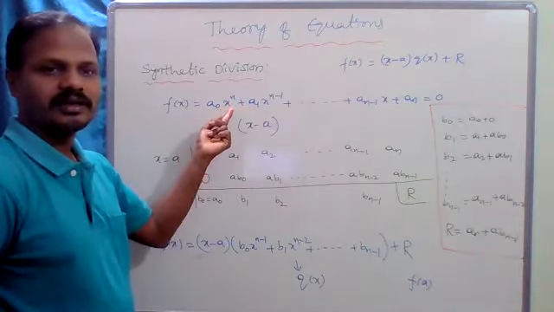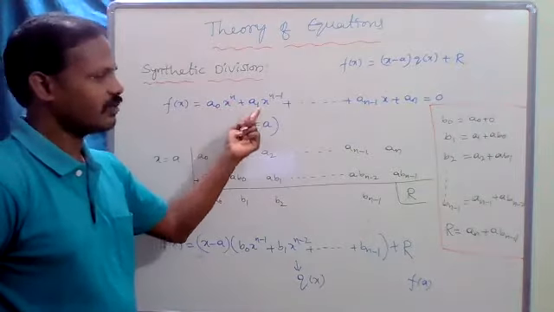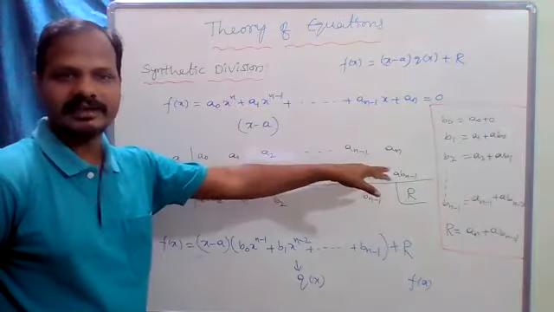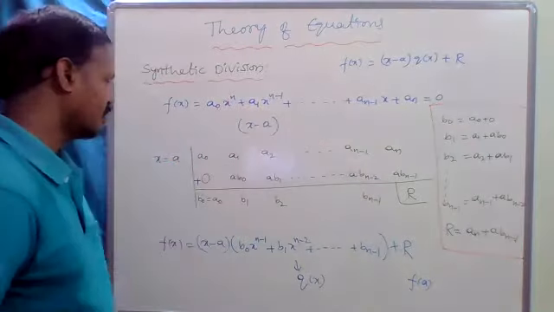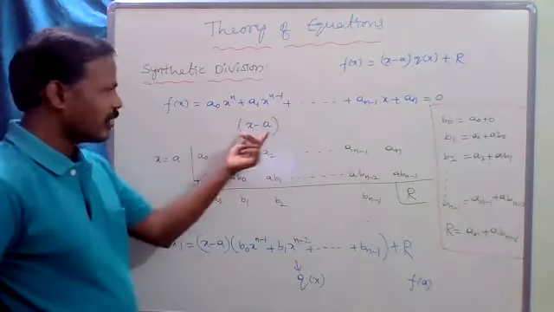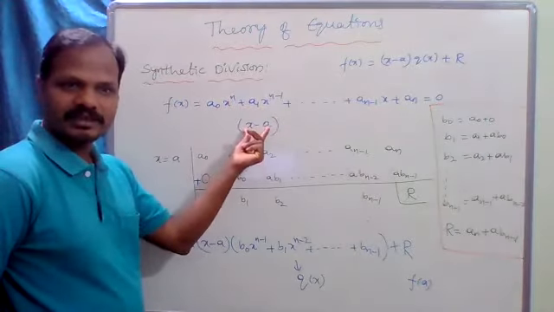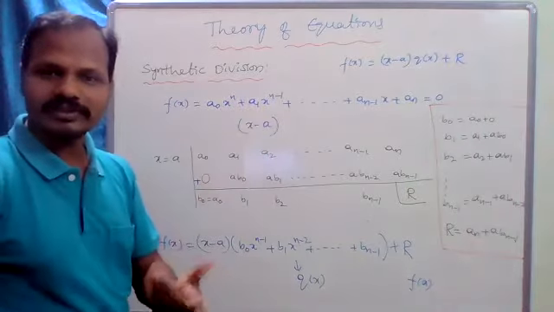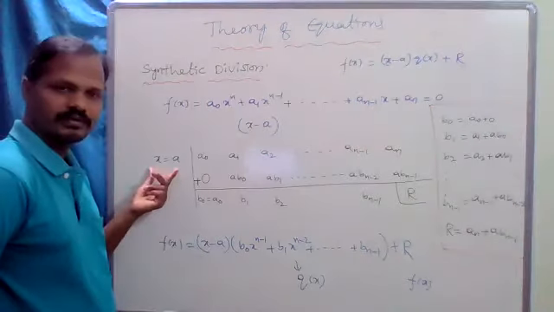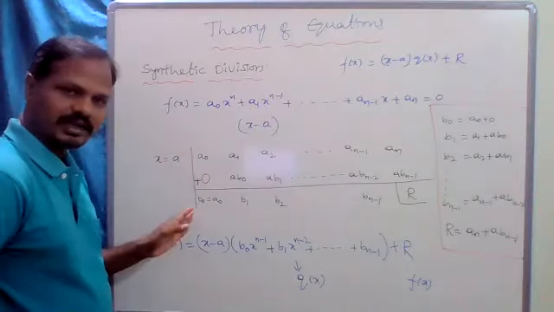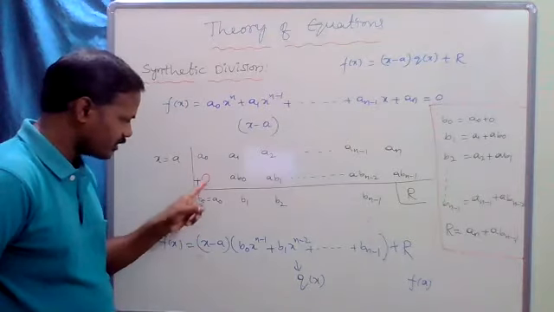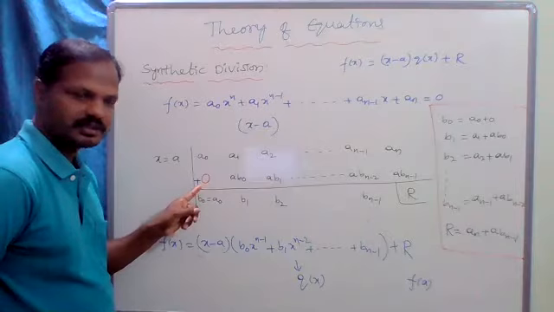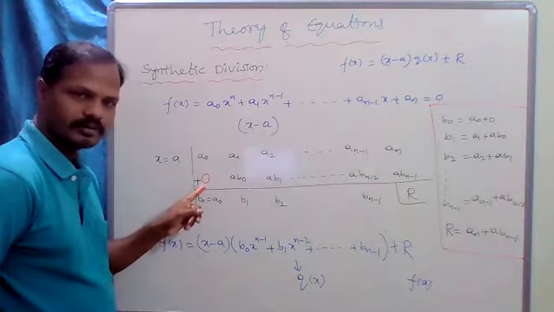So you have to write first a0, then a1, in decreasing degree of the terms. And now you have to make division with x minus a. So x minus a equal to 0 means x equal to a. So x equal to a, you have to write on the left side. So take a vertical line. Then first you have to write 0. Remember, you have to write 0 here.